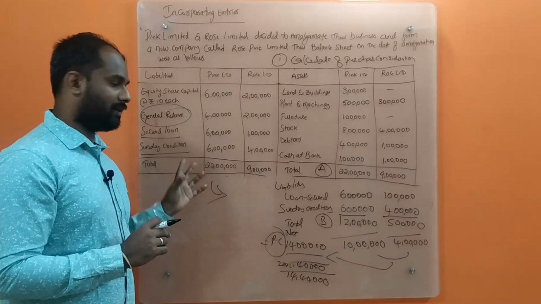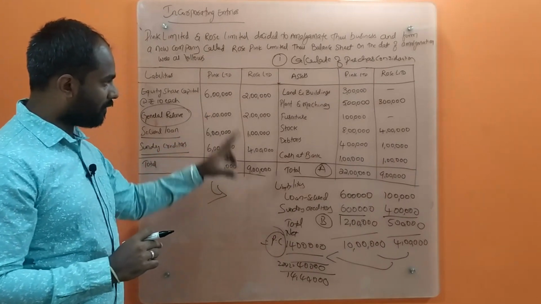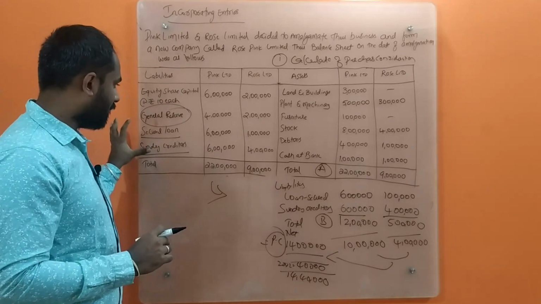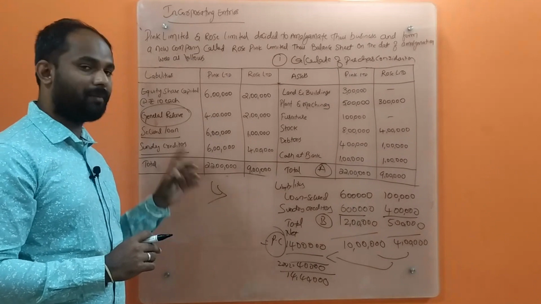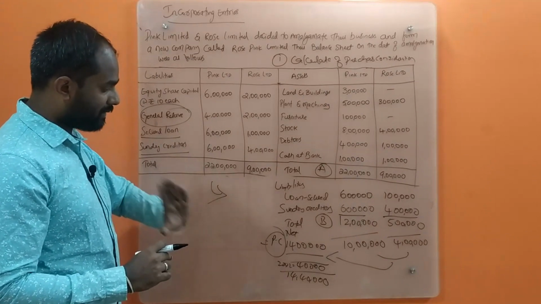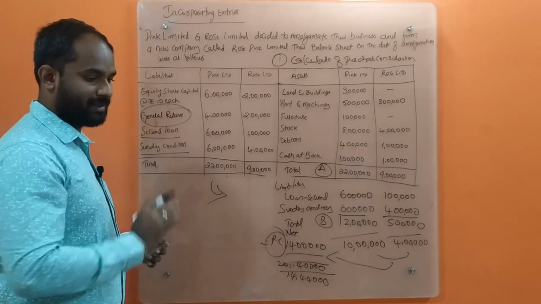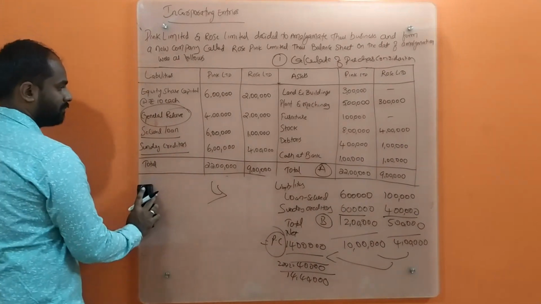So just for your information, we will not be considering that. Total of your assets minus total of your liabilities, the net asset, is your PC that you are going to pay. Along with that, we will pay 20,000 additionally in cash also. This is the amount that you are going to pay. How this is discharged? Step 2. I'll rub this side.